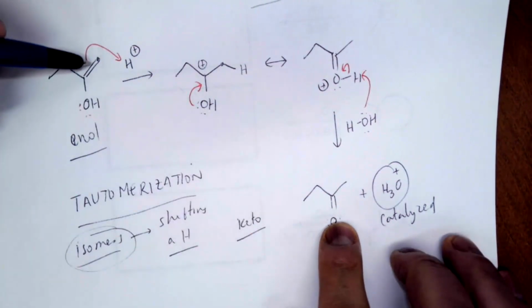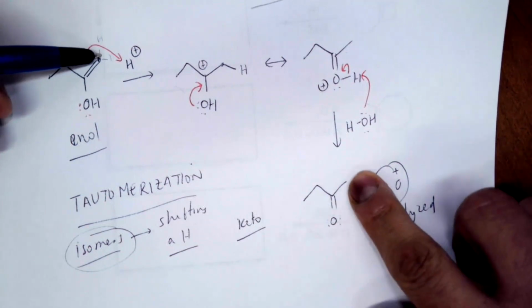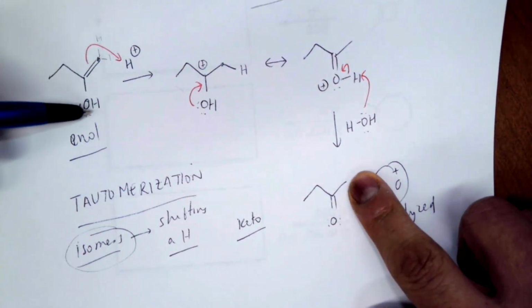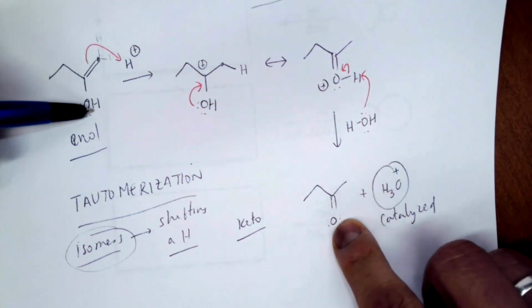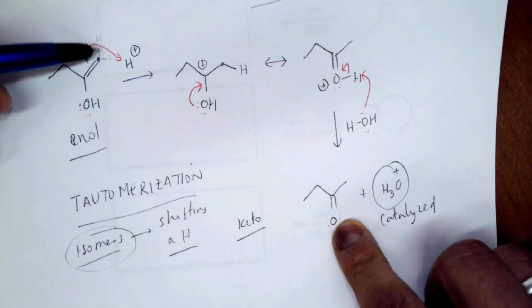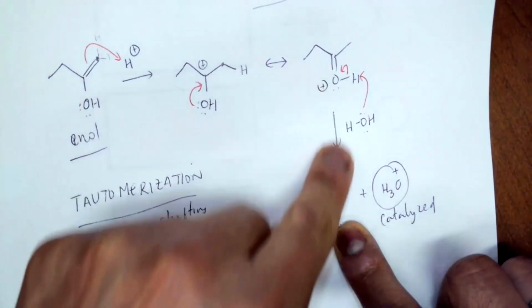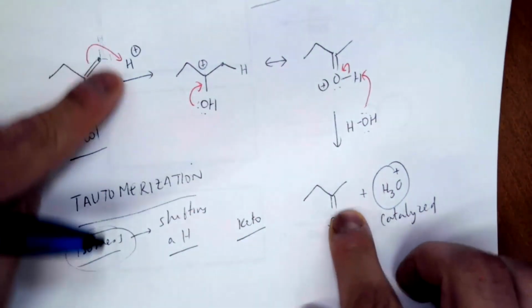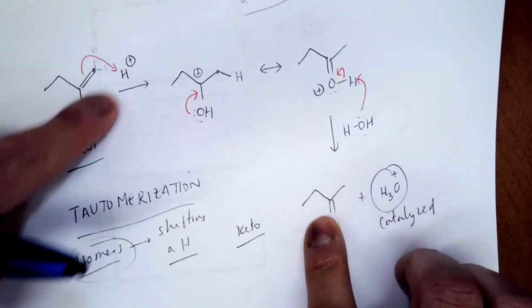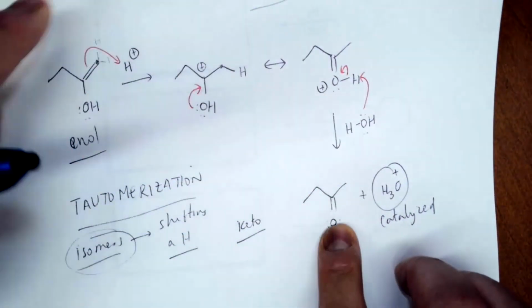So you see, here it has two H's, here you have two H's, here you have three H's, here you have one H, here you have zero H's. The only thing that we did was move this hydrogen from here to here. That's all. But how did I do that? Through a chemical reaction. So a chemical reaction must be involved in the conversion of one tautomer to the other tautomer.